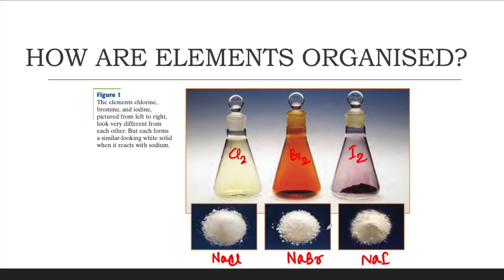All of them are white solids, and they all dissolve in water to form solutions and also conduct electricity. So it was these differences in properties which separated chlorine from bromine and iodine.